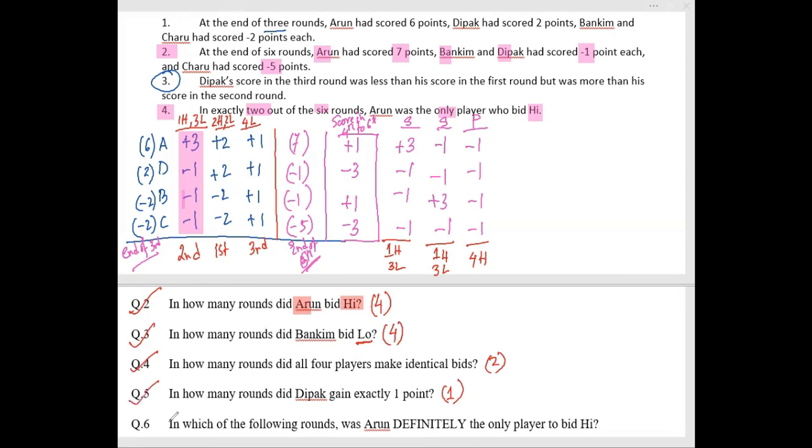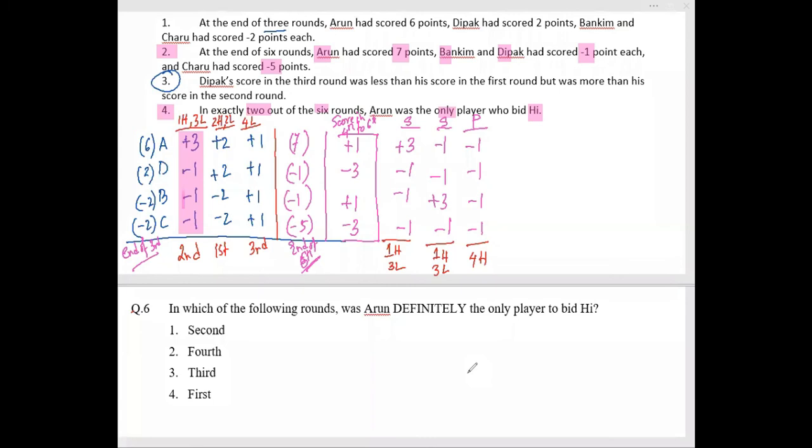Now the 6th one. In which of the following rounds was Arun definitely the only player to bid high? Now we can see the options are second, fourth, third, and first.